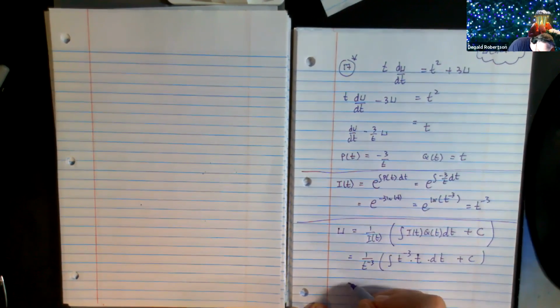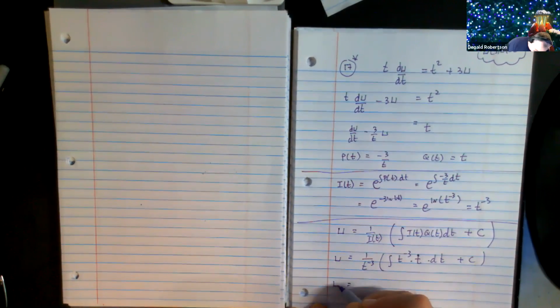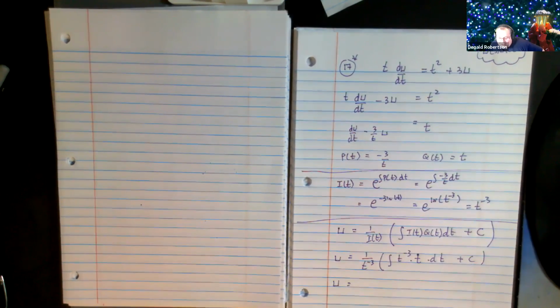Okay, let's try and make things pretty. 1 over t to the negative 3 is probably not the best way to write that. What's it equivalent to? T cubed.